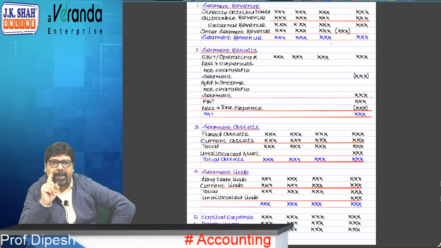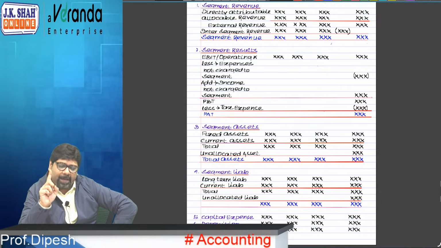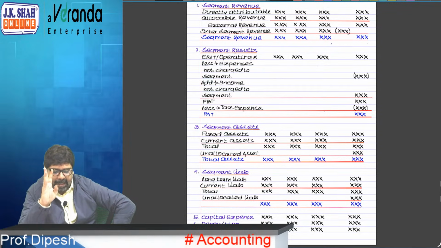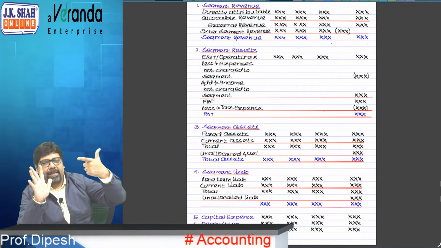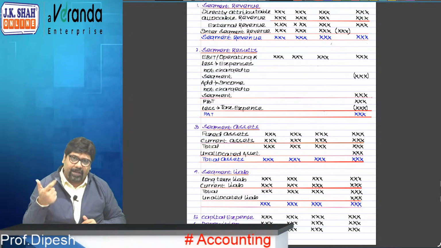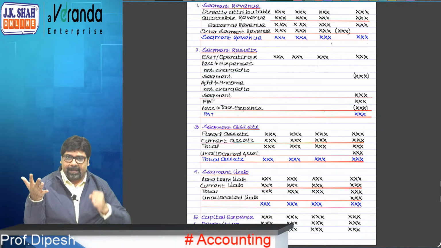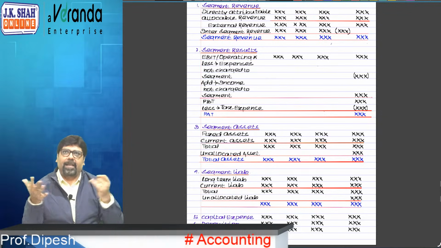So what is a segment, you understood. What is a reportable segment? One which satisfies the test. What is to be reported? 7 items: segment revenue, segment results, asset, liability, capex, depreciation, and non-cash expense.